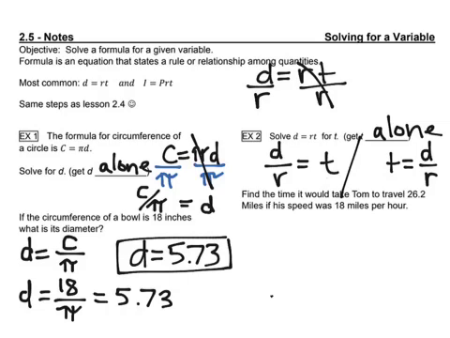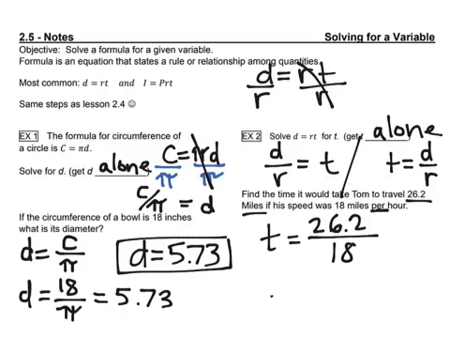So we're looking for time. Time equals distance. Well, they gave us a distance, 26.2 miles, and then divided by rate. Well, a rate would be 18 miles per hour. So per tells me that it's a rate.